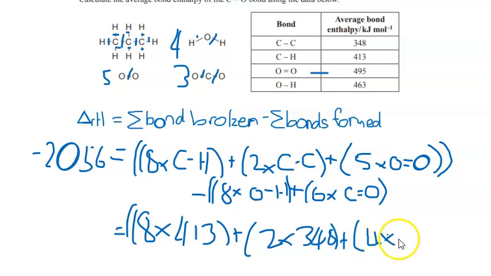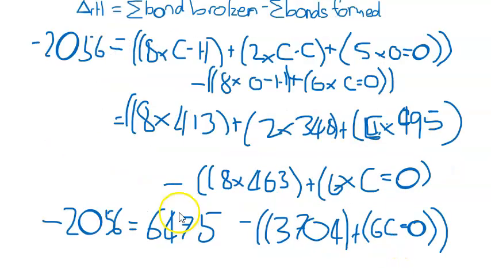Be back in 1 second. Okay, so I've just drawn all of that out here. What we've ended up with is negative 2056 equals the sum of the bonds broken, which equals 6,475, minus 8 times 463, which is 3,704, plus 6 times the carbon to oxygen bond. And that's the bond enthalpy we're trying to find.